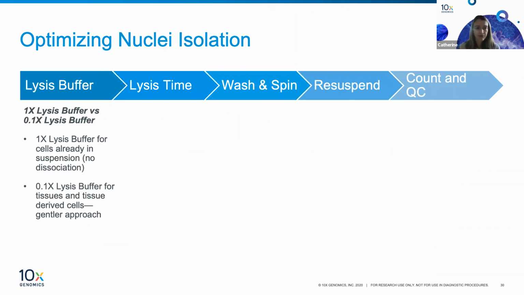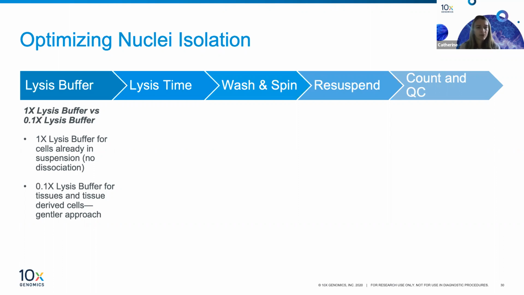First, the lysis buffer. In any of our nuclei isolation protocols, you'll find that we generally use either a 1x or 0.1x lysis buffer. If the protocol is for cells that are already in suspension and don't require dissociation, we use a stronger lysis buffer.